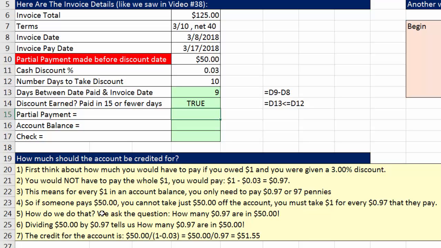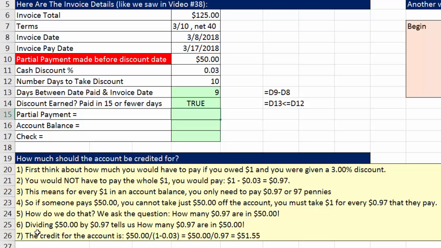So if someone pays $50, you cannot just take the $50 off the account. You must take $1 off that $50 for every 97 cents that you paid. Well, how in the world do we do that? Well, we ask the question, how many 97s are in 50?